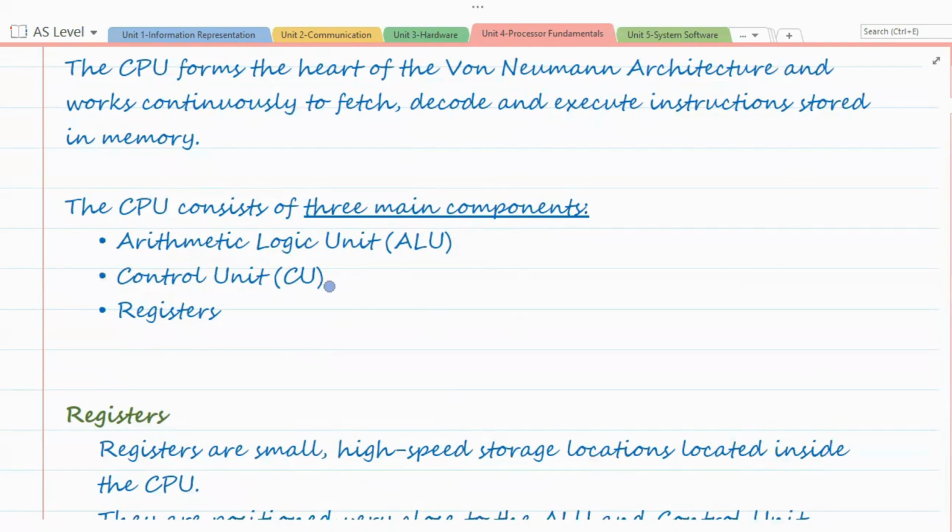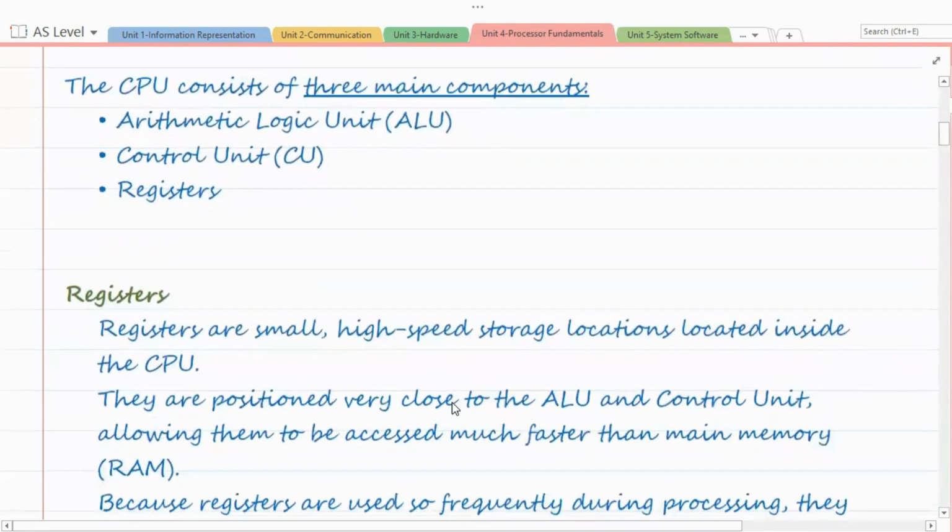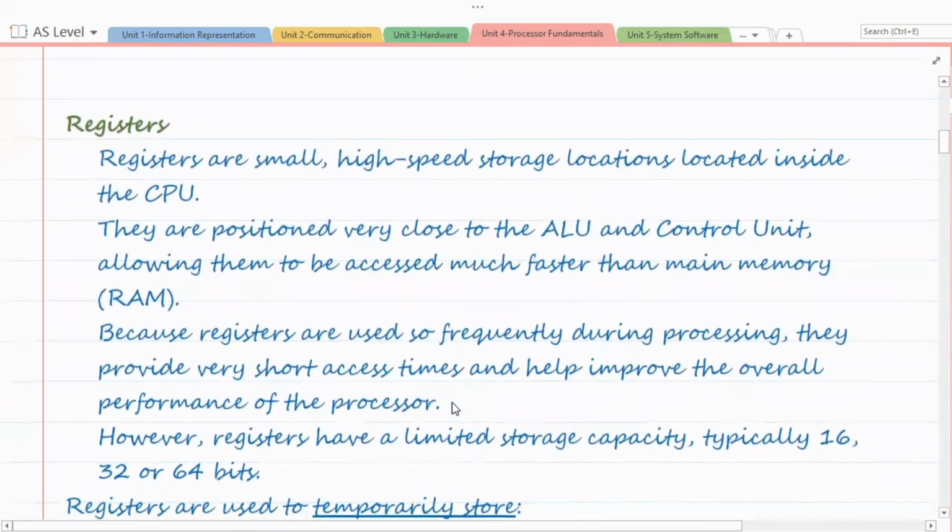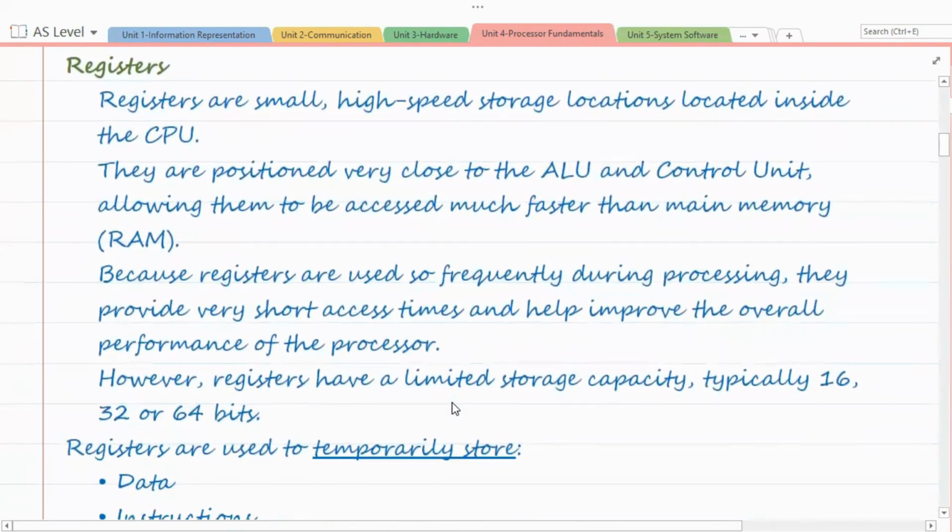It controls the movement of data and instructions and coordinates the activities of all CPU components. And registers are tiny storage locations inside the CPU. Today's lesson is all about them. So let's understand what registers are and how they work.